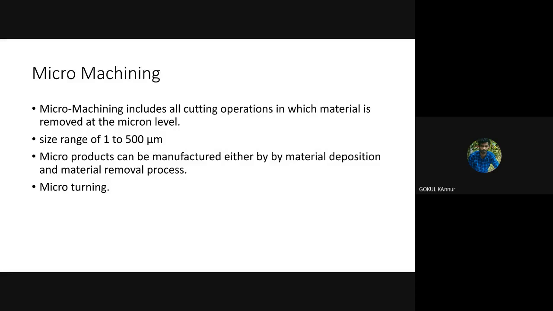So what is the peculiarity of it? Here it has high precision and accuracy. What is the difference between precision and accuracy? Accuracy means closeness to the trueness or true value. Suppose we need a shaft of 50 mm diameter.